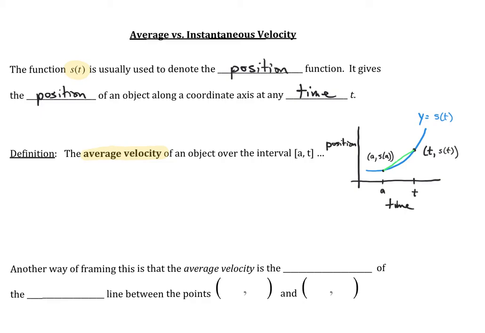as the following. The average velocity is going to be equal to s of t minus s of a, that's the difference in the y values, divided by t minus a. So right away, I hope that we all notice that this is just a slope.